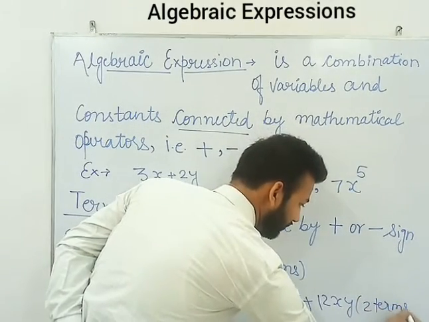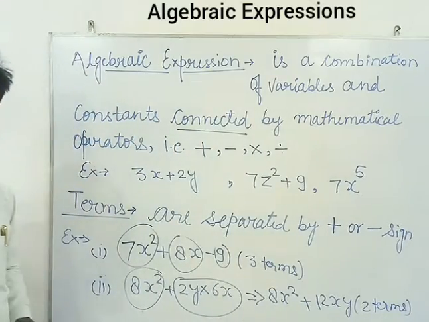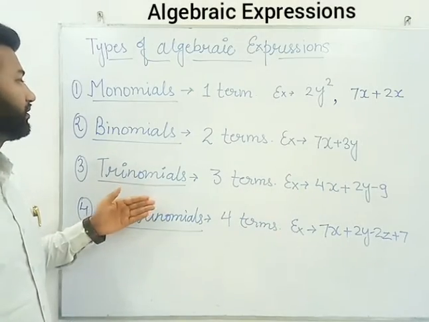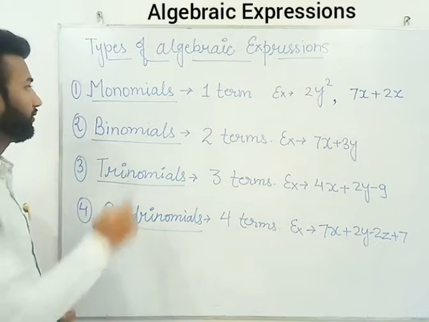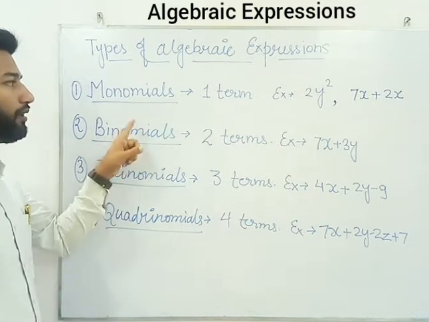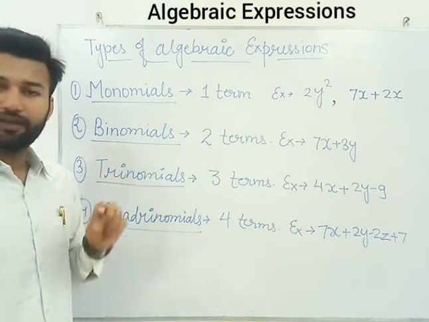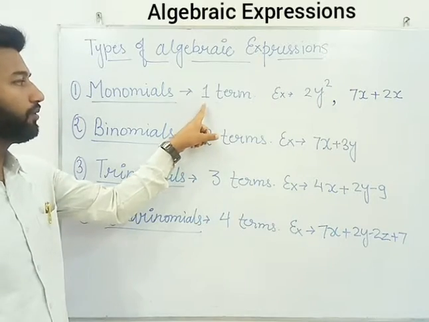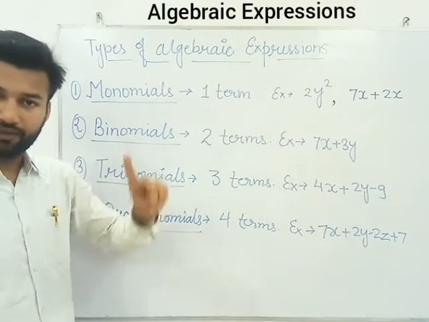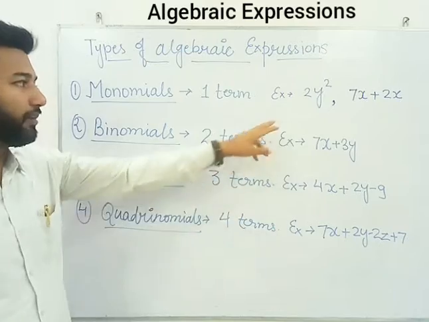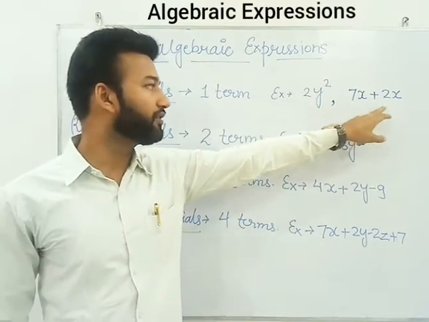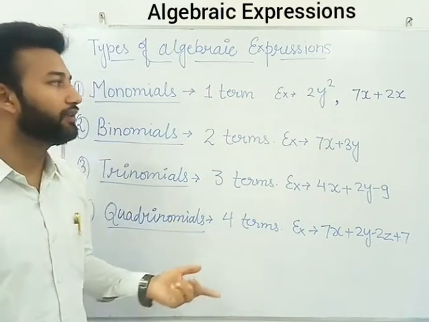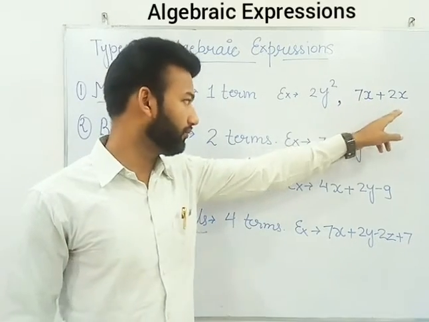Types of algebraic expressions. Here a few types are there. First, monomial. A monomial is a type of algebraic expression having only one like term. Example: 2y square, 7x plus 2x. Now here one confusion is there. 7x plus 2x.